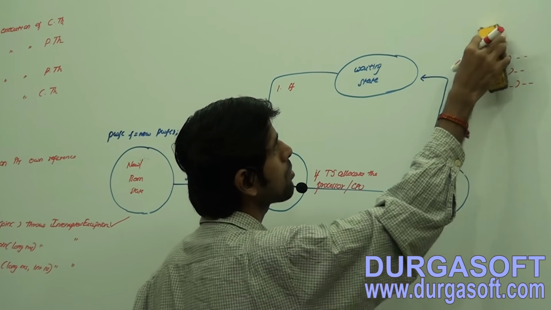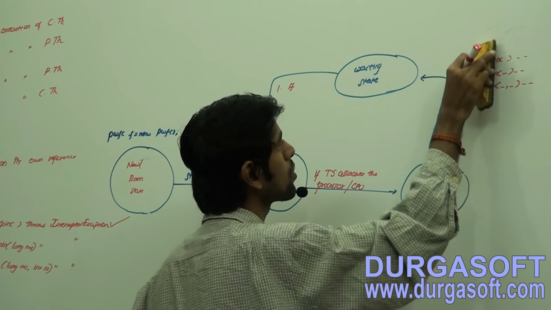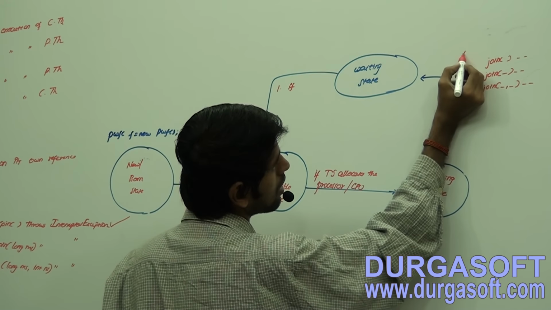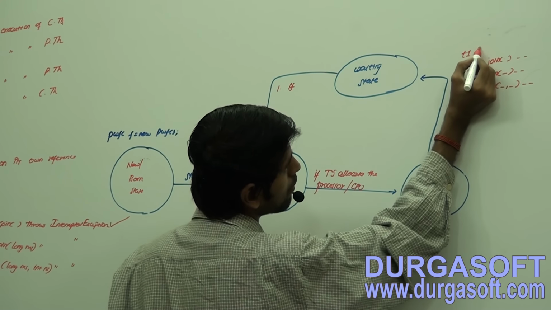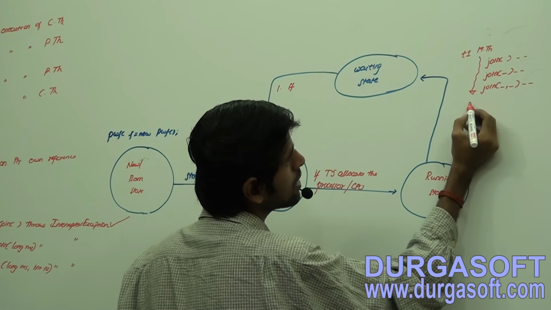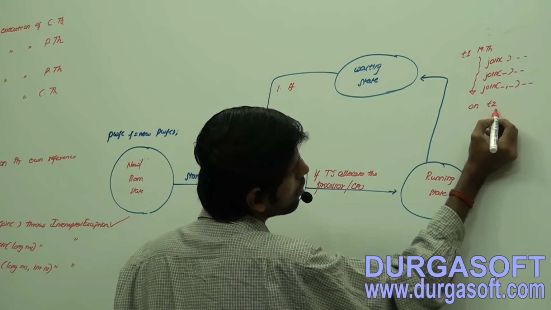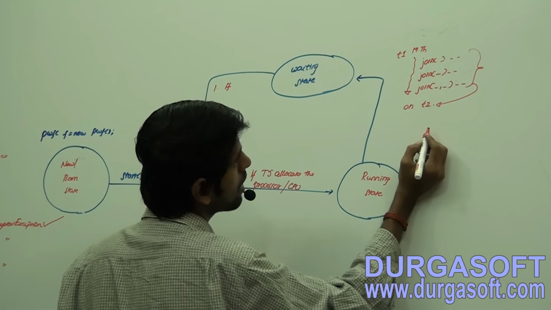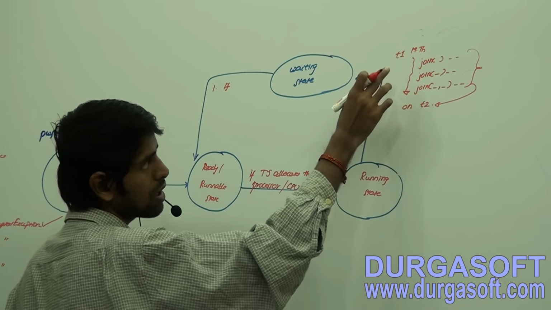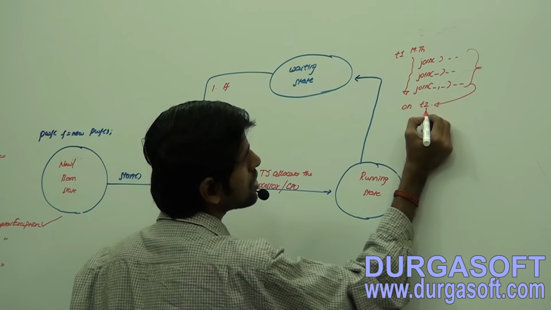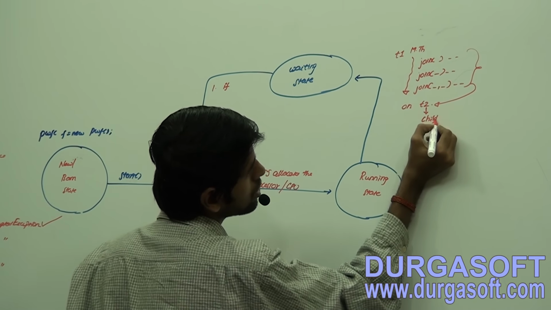Most of the guys are making a mistake here. Let me give some small hints. Thread 1 is the main thread, and it is calling these methods on T2. On T2 we are going to call all these methods. The main thread is executing all these join methods on the T2 reference. What is T2 here? The child thread.